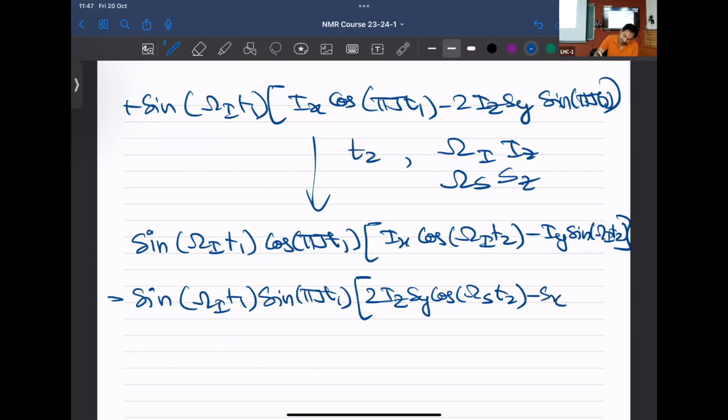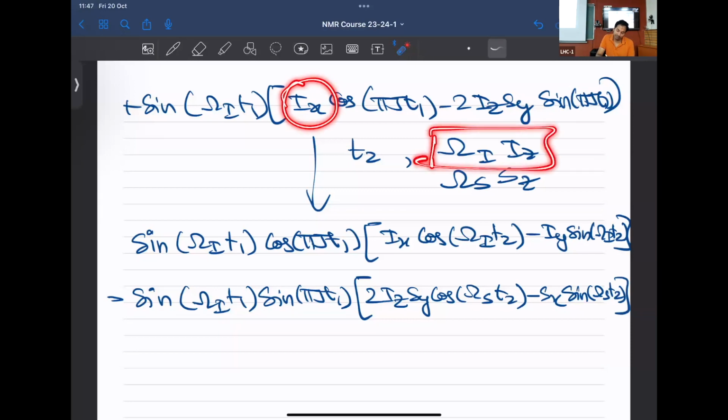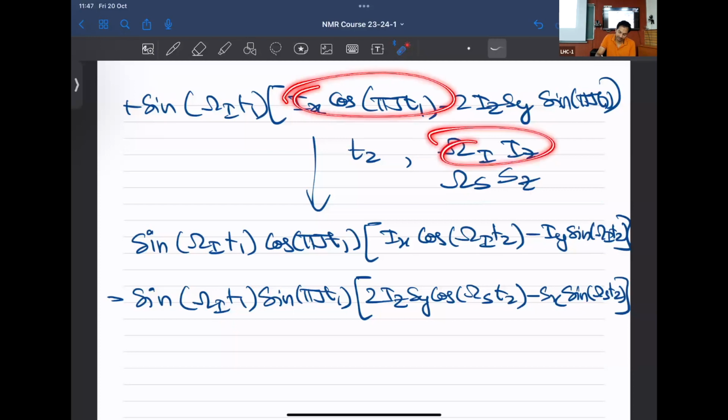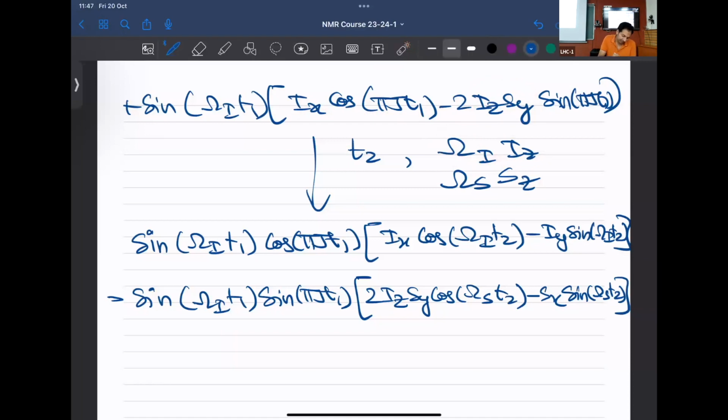Minus Sx sin omega S T2. Ix omega I T2. What's that? So I started with Ix and I'm evolving only with this. This will not evolve because that will commute. So I'm evolving this with this, while this with this, because this will commute with this part. So this will be plus Iy. That's correct. Thank you very much. Appreciate it.